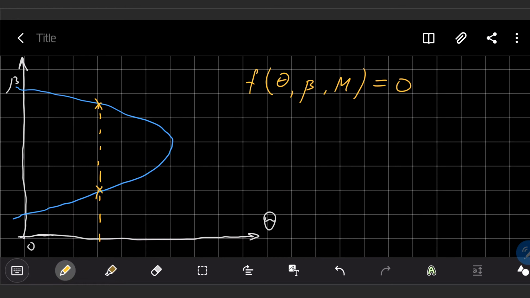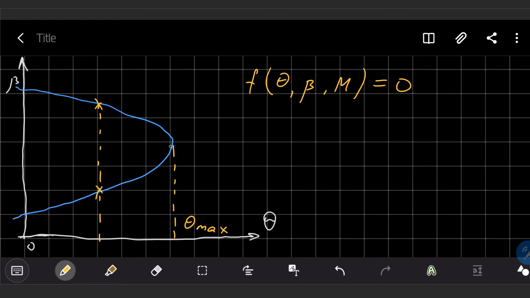It happens for all theta angles starting from 0 until some critical value of the angle of the body, which we call theta maximum. This is the maximum possible angle of the body on which an oblique shock wave can appear.